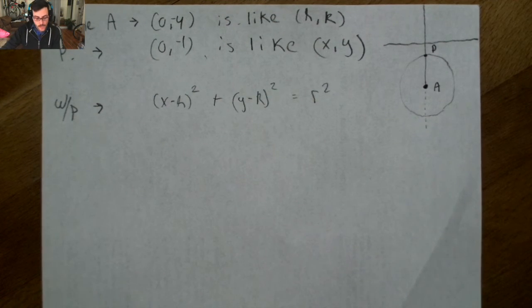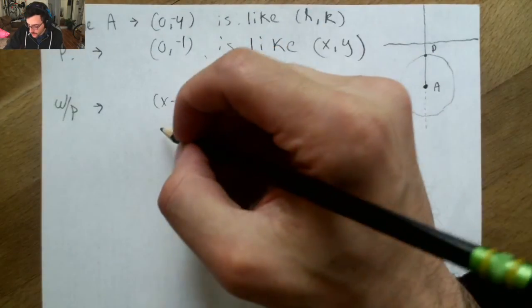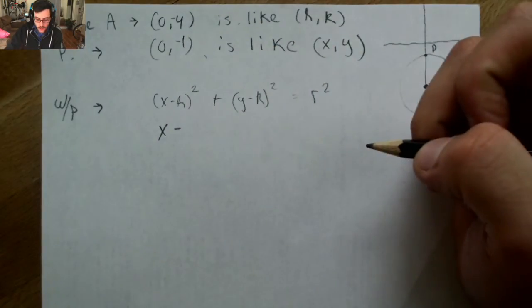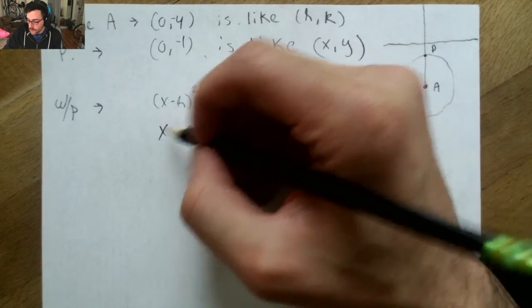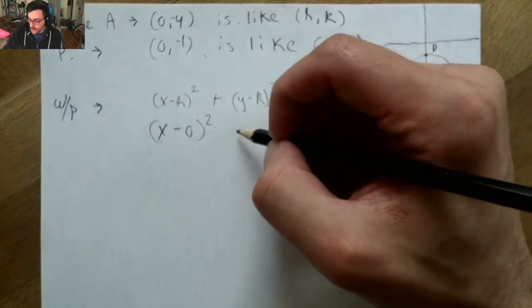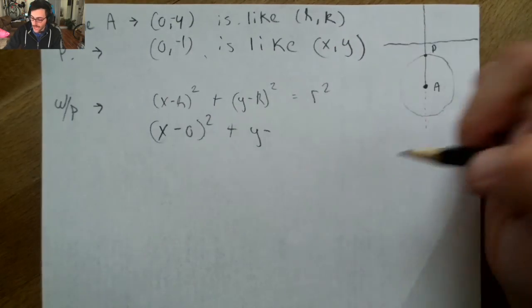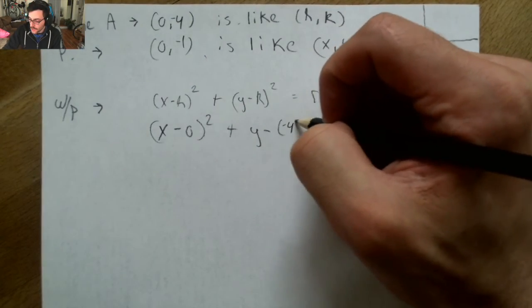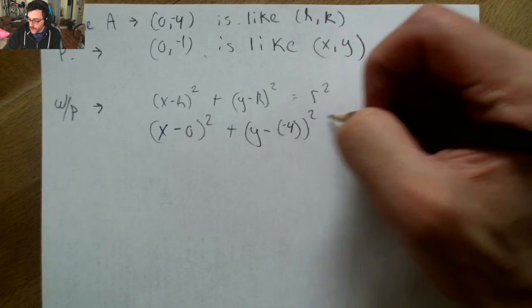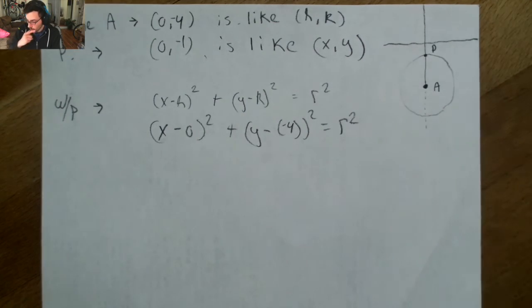So what we can do here is substitute in. We're going to do (x minus 0) squared plus (y minus our k value, which is -4) squared is equal to r squared.